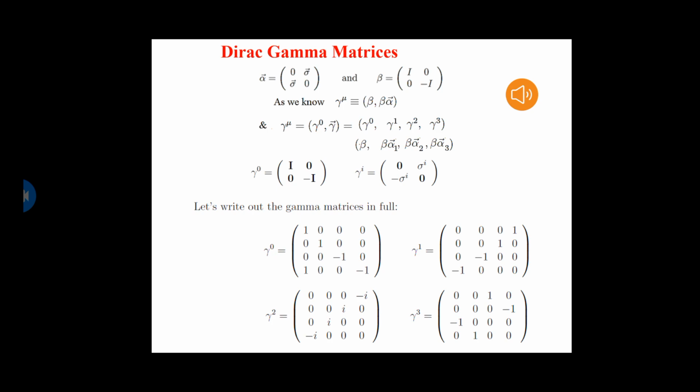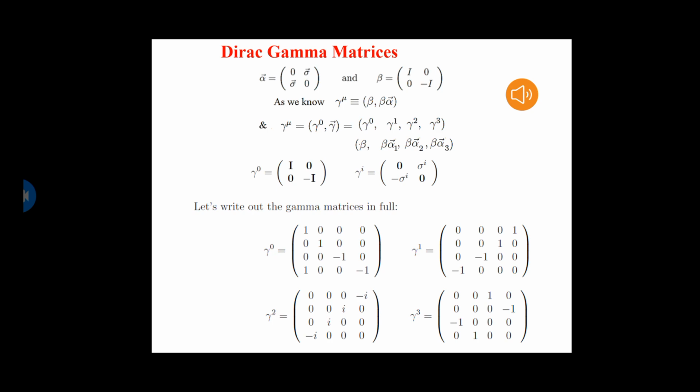Let's write the gamma matrix in full form. Gamma naught is equal to 1 0 0 0, 0 1 0 0, 0 0 minus 1 0, 0 0 0 minus 1, and gamma 1 is equal to 0 0 0 1, 0 0 1 0, 0 minus 1 0 0, minus 1 0 0 0, and gamma 2 is equal to 0 0 0 minus iota, 0 0 iota 0, 0 iota 0 0, minus iota 0 0 0, and gamma 3 is equal to 0 0 1 0, 0 0 0 minus 1, minus 1 0 0 0, 0 1 0 0.